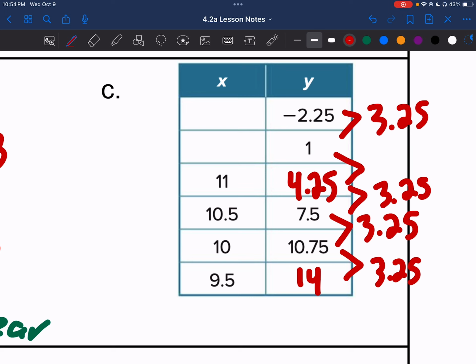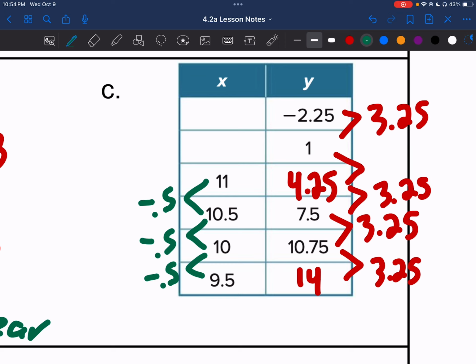Now, what's happening on my x values? We're subtracting 0.5, subtracting 0.5, and subtracting 0.5. Well, how can I fill in the number values above if I don't have something above them to subtract from?